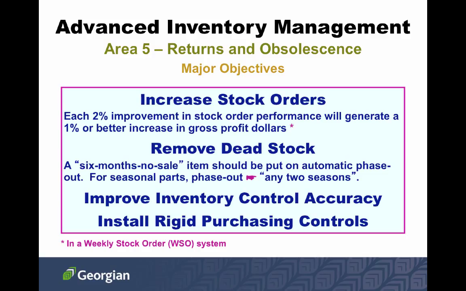Second item is remove dead stock. A 6 months no sale item should be put on automatic phase out, and in fact for most of the major league DMSs, this is the default setting. At 6 months no sale, the part goes on automatic phase out.